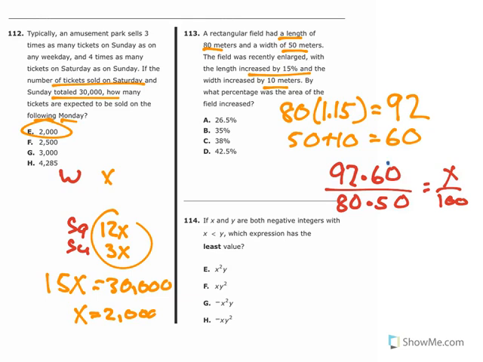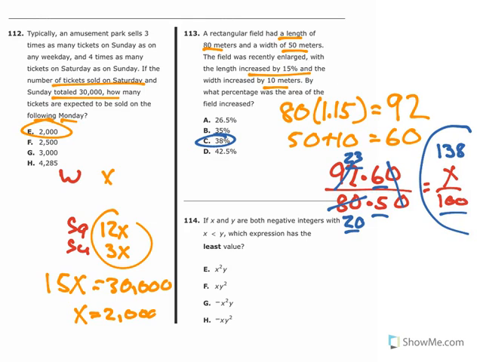Clearly, we can divide by 10. I can divide by 4 here. And that's actually going to make things pretty convenient. Because now I'm going to get 20 times 5 is 100. And 6 times 23 is 120 plus 18 is 138. So it's going to be 138 hundredths of what it was before. And if we subtract, that's 38%.